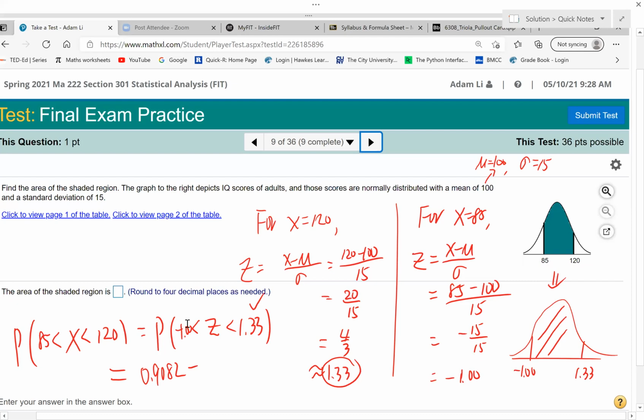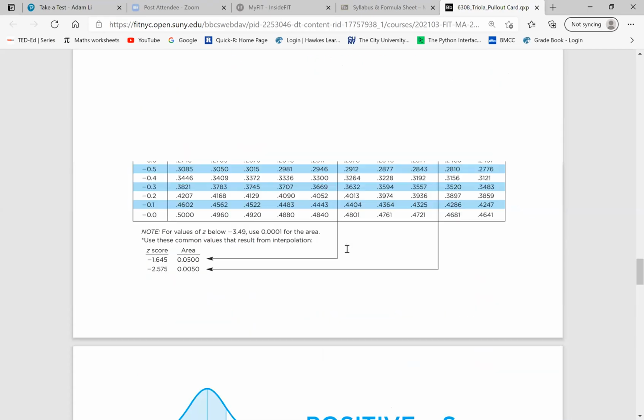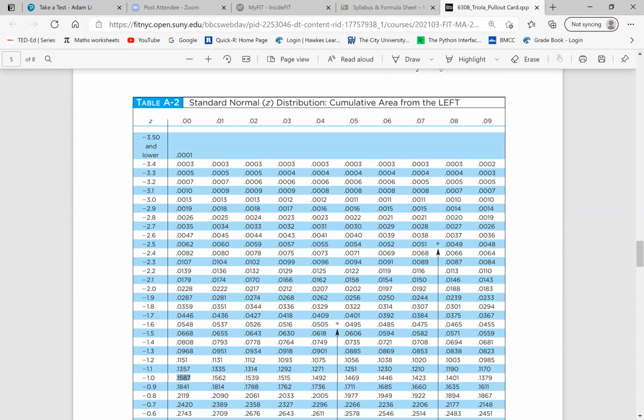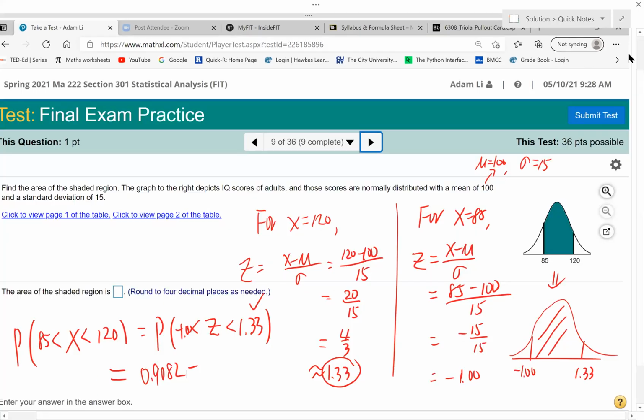And let's look for the smaller area corresponding with the z-score of -1.00. Again, go to the first page of table A2, -1.00 right here. It's 0.1587. Mark the number 0.1587.